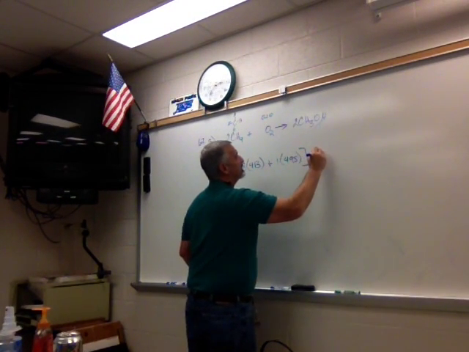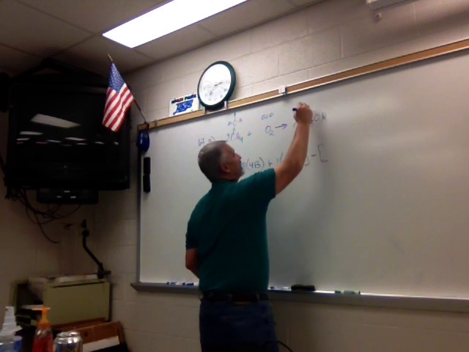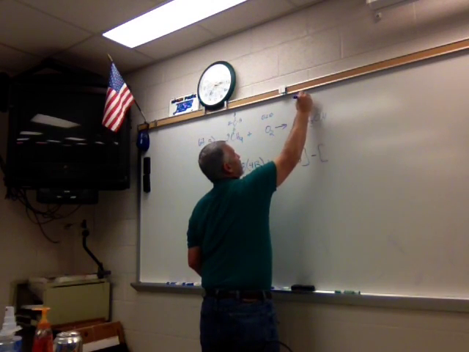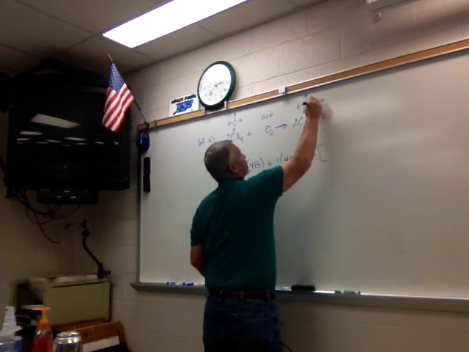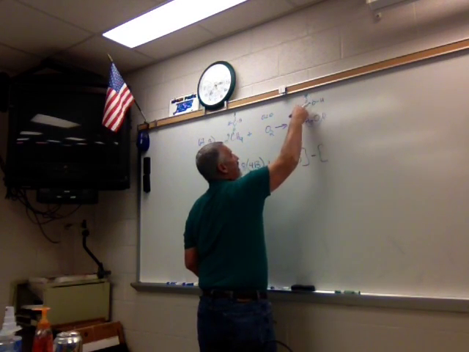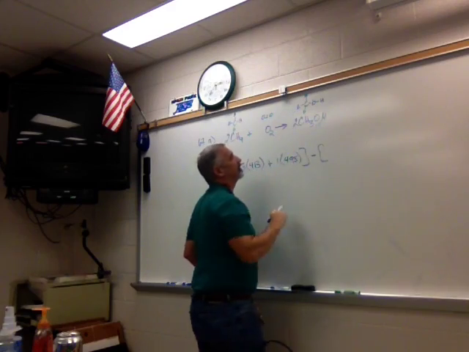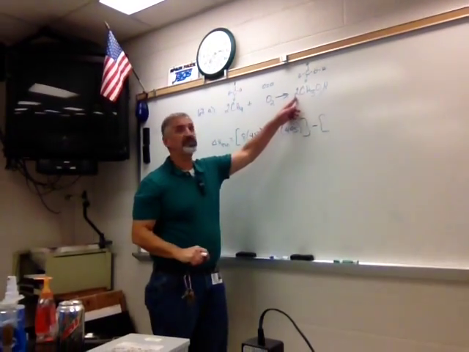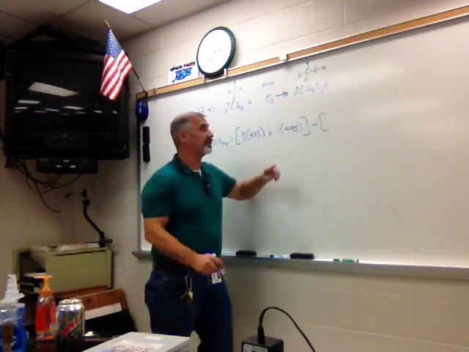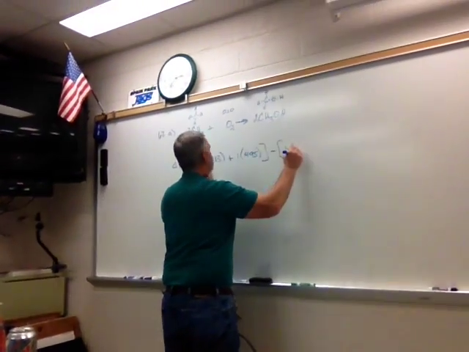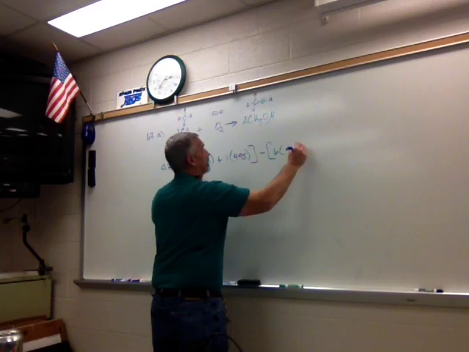Okay? Minus bonds formed. Now this time we're going to have CH3OH. We're going to have 2 of them. So these carbon to hydrogen bonds, how many of these are we going to have total? Since there's 2 molecules, we're going to have 6 of these total, right? And that's the same as this, so it's 6 times 413.